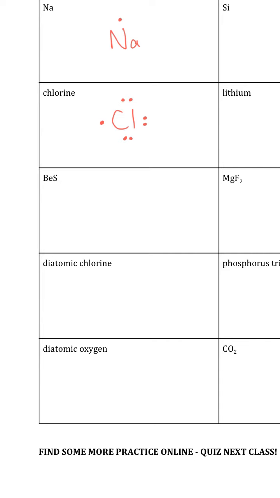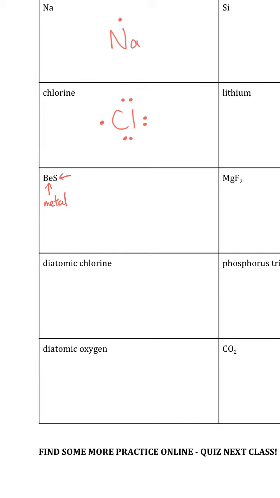BeS, which is beryllium sulfide. To figure out whether this is ionic or covalent, you look at the 2 pieces here. So Be and S. Be happens to be a metal. It is on the left side of the periodic table where the metals are.